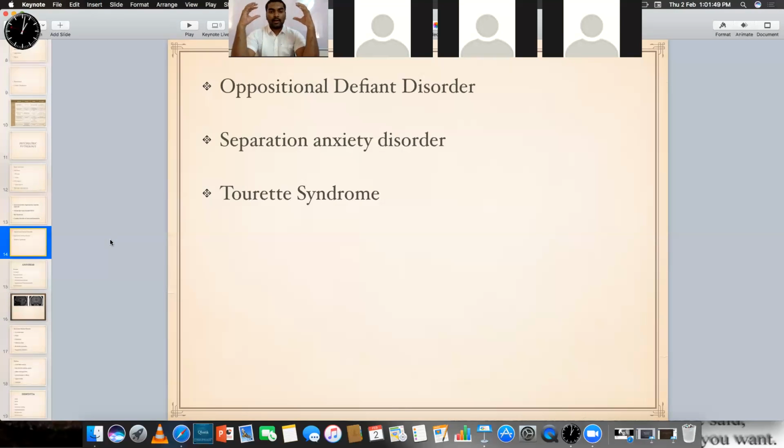Okay, and there's also something called coprolalia. Copro is bad. Coprophagia is eating one's own excreta, which rabbits do, right? So that is coprophagia. Coprolalia is speaking bad language. Of these kids who have Tourette syndrome, some 10% have this. It's really rare, but it does happen in around 10% of people.